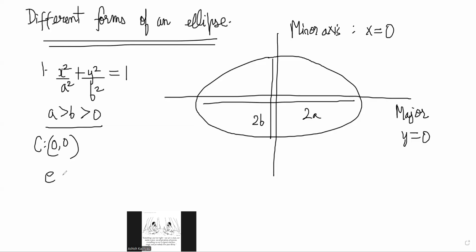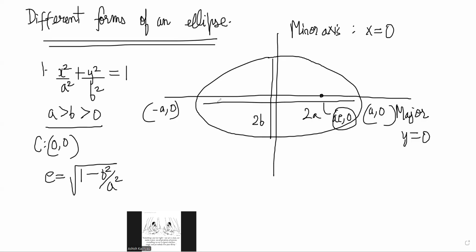The eccentricity here is given by the square root of 1 minus b square by a square. The coordinates of the vertices are minus a comma 0, a comma 0. The foci are ae comma 0, minus ae comma 0. The directrices are x is equal to plus minus a by e.